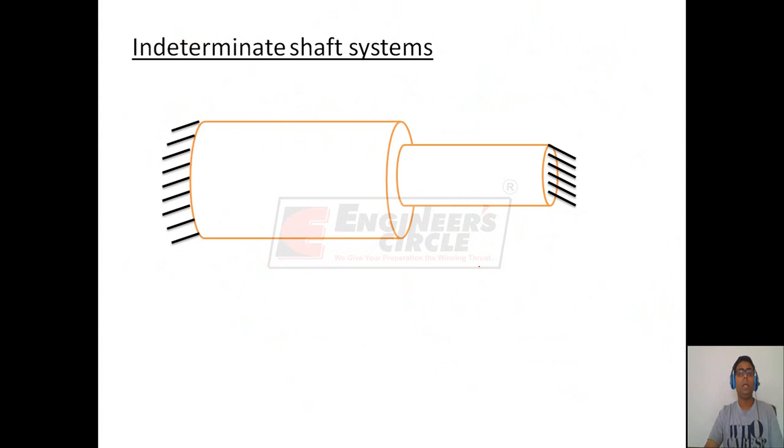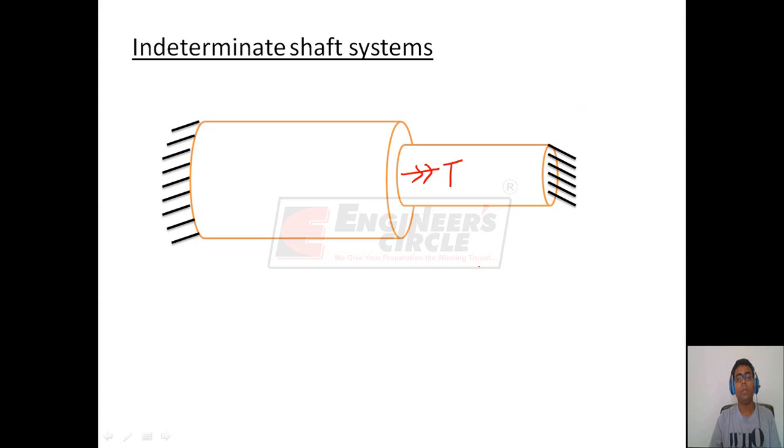Now consider this indeterminate shaft. This shaft is indeterminate because the reactions from the wall 1 and the wall at 2 cannot be found by using equation of statics. That is, we need additional equations of geometrical compatibility. For example, let this shaft be subjected to some external twisting moment T like this.